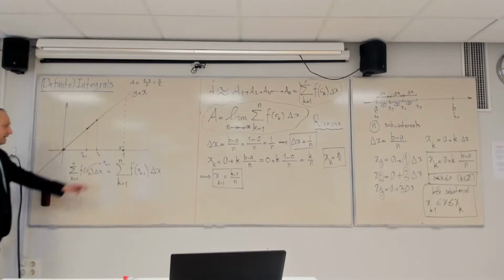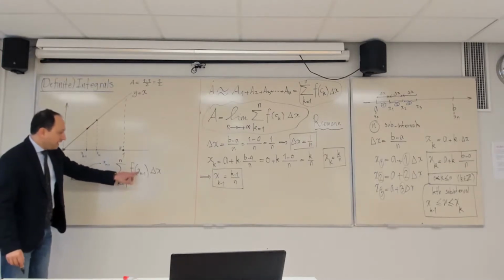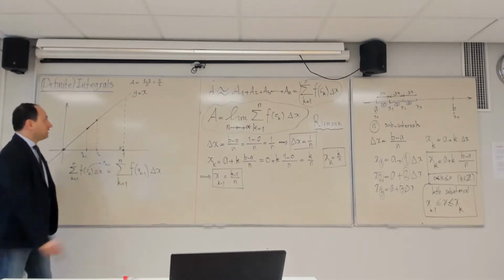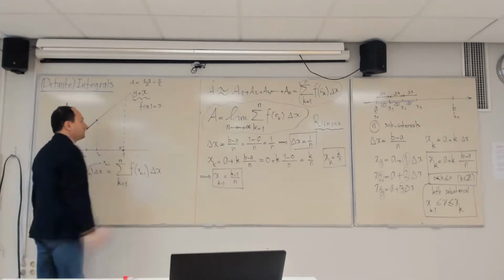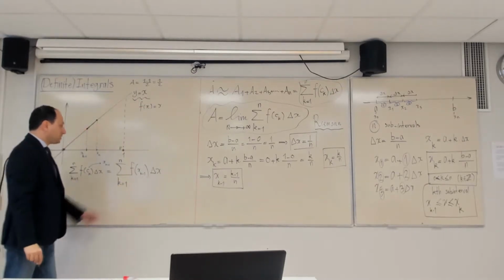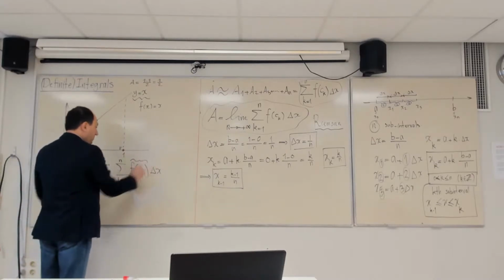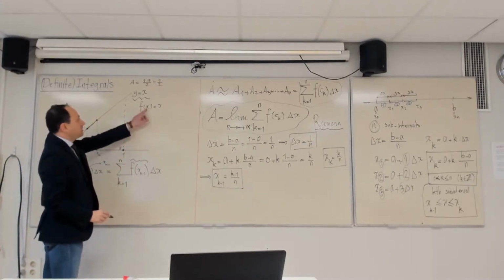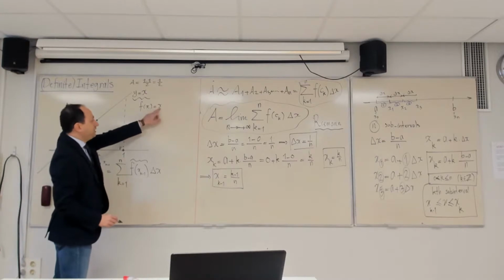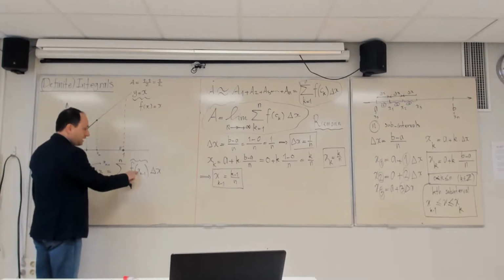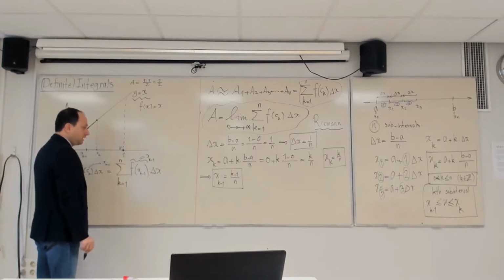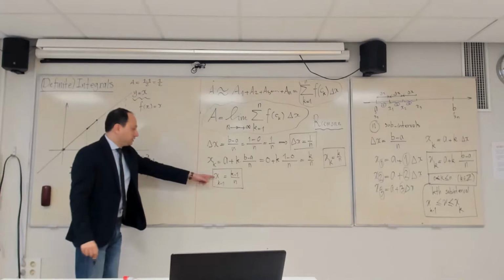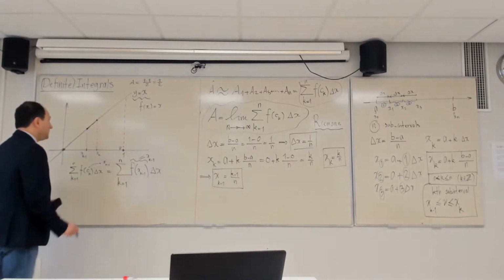Agree? And now I want f of x sub k minus 1. This is my function: f of x is equal to x. So f of x sub k minus 1 gives me the same value as x sub k minus 1. And then I know the formula for that.